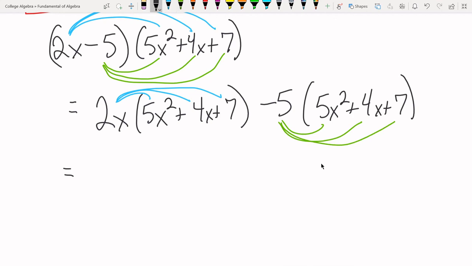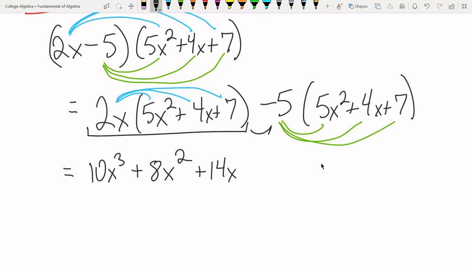Okay, so 2x into all the terms. 2x times 5x squared is 10x cubed. 2x times positive 4x is 8x squared. And 2x times plus 7 is plus 14x. Okay, that's the first one done here.